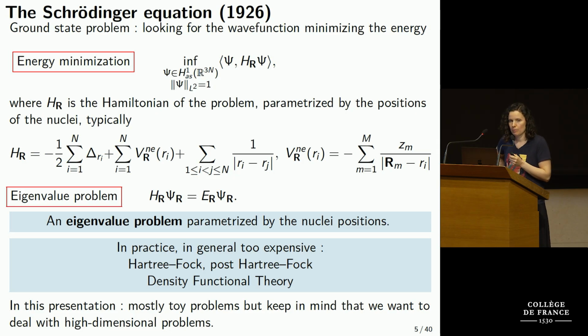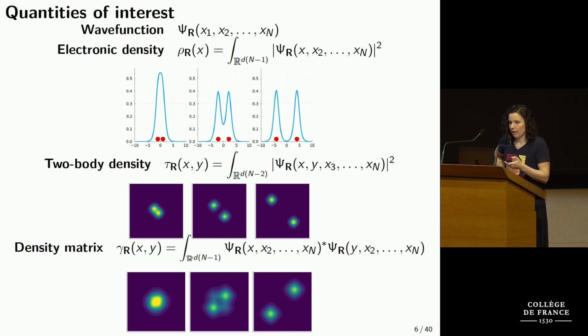But for the reduced model I developed, the idea was that we still want to keep in mind that in the end we want to deal with high-dimensional problems, and so we will see how this comes into play in the reduced models.